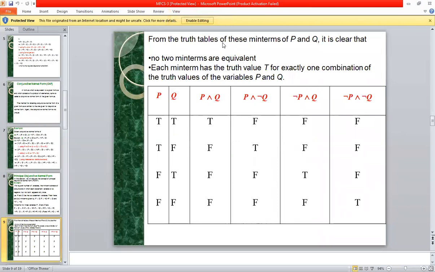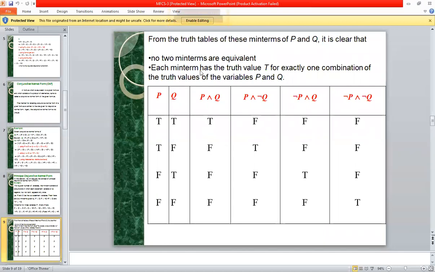From the truth tables of these minterms of P and Q, it is clear that no two minterms are equivalent. When we say equivalent, it means two minterms have the same values.